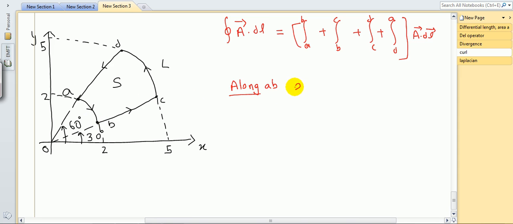So along AB, rho is equal to 2, and the differential length vector is rho d phi a phi cap.